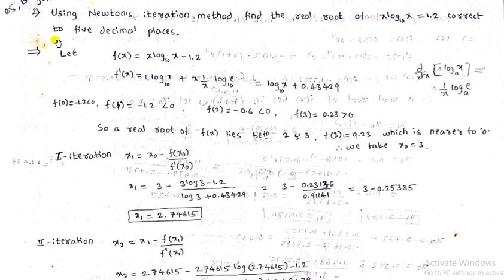Second example, using Newton's iteration method, find the real root of x log x to the base 10 is equal to 1.2, correct to 5 decimal places here. So again consider the given function as f of x. So f of x equal to x log x minus 1.2.